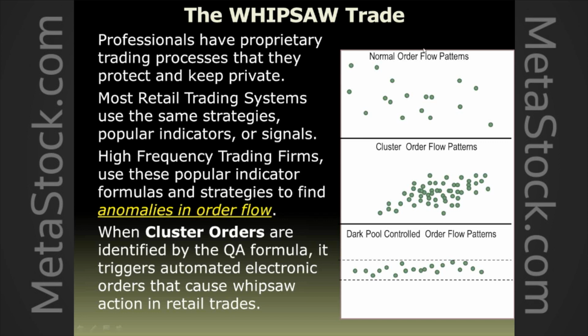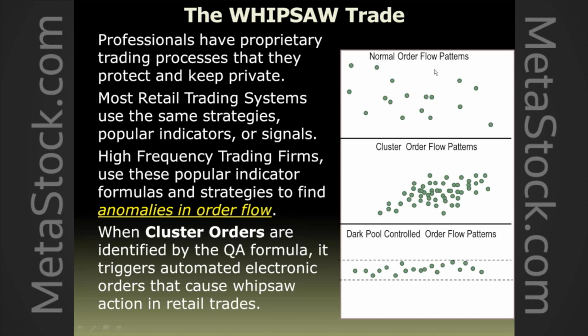The normal order flow pattern is somebody has an at-market order, so they're brought in high. Then we have orders that are controlled bracketed orders, and we have orders like many retail traders use, the limit order, which gets them into the stock as it's moving down.